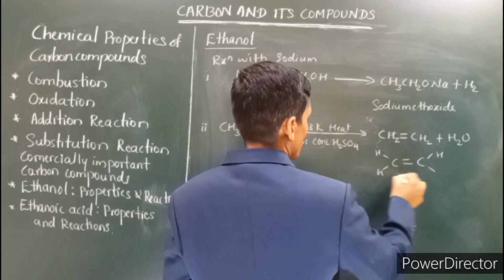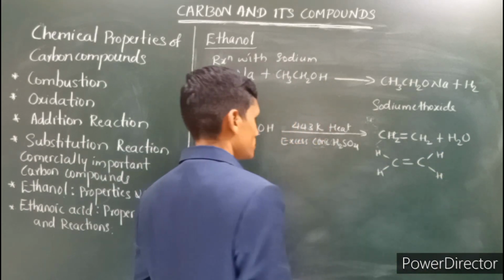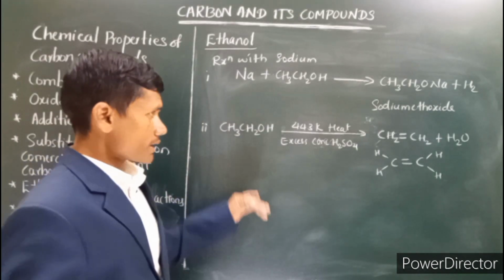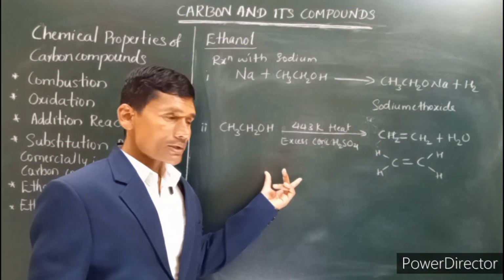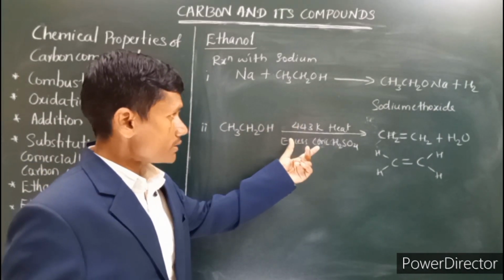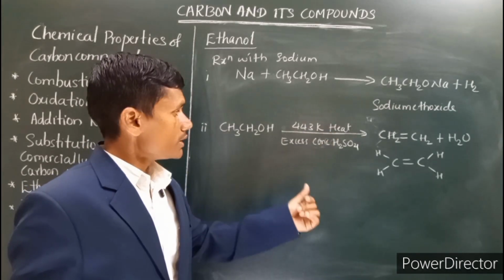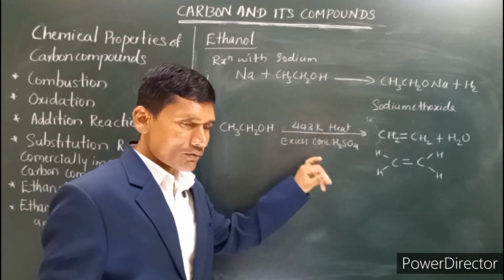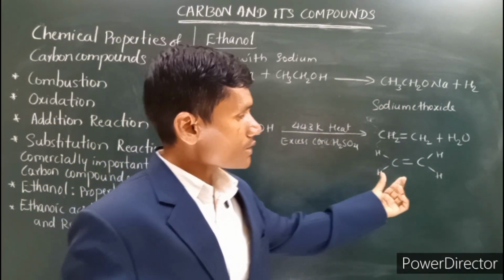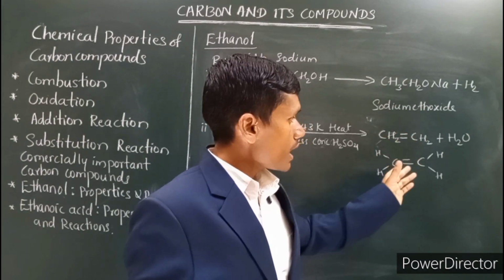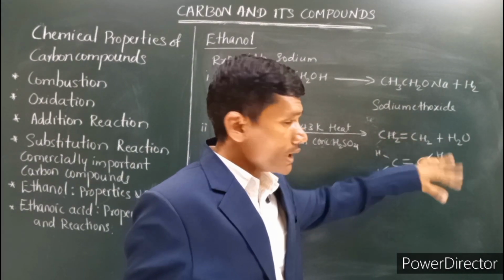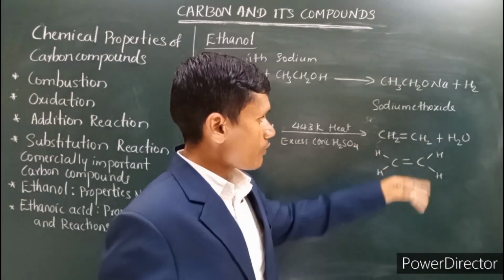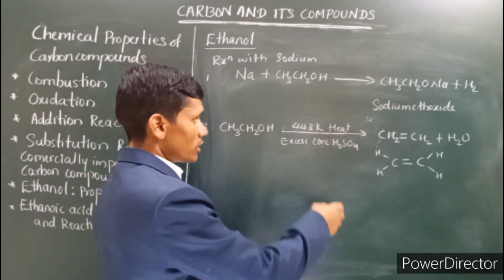It is forming an unsaturated hydrocarbon. When ethanol is heated at 443 Kelvin in the presence of excess concentrated sulfuric acid, it changes to an unsaturated hydrocarbon, and it is undergoing dehydration. Dehydration means removal of water. What is removing the water?